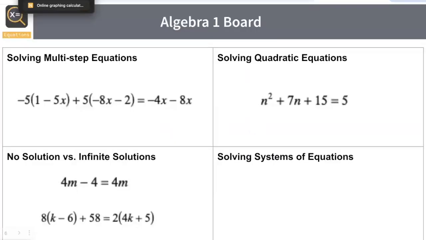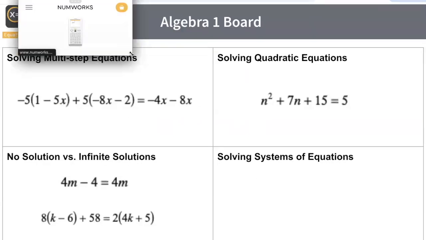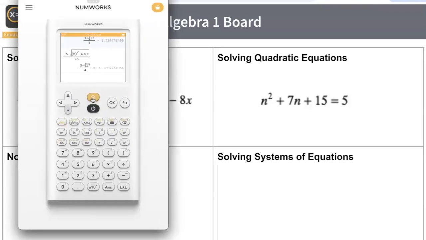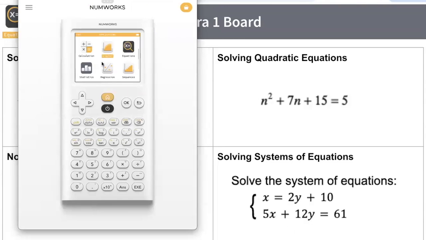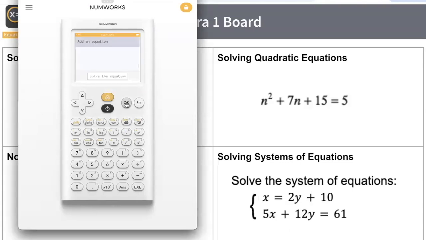And then the last one is, what if I have to solve a system and I have two equations to type into the equations app? So we're going to actually input these ones for you so you can see the change in vocabulary. This is our system of equations. I will take my system, go to the equations app, and type them in one at a time.